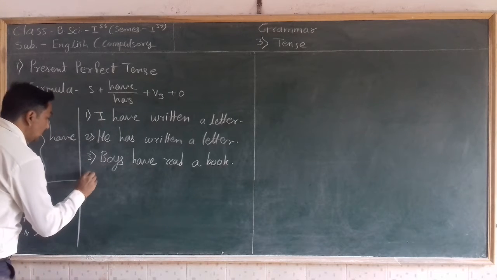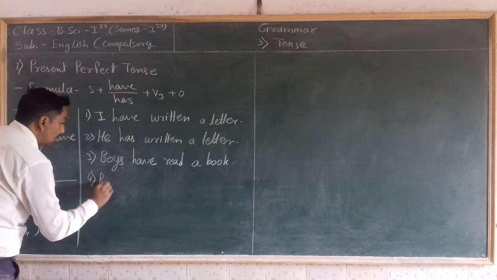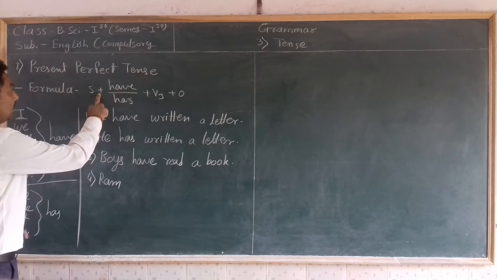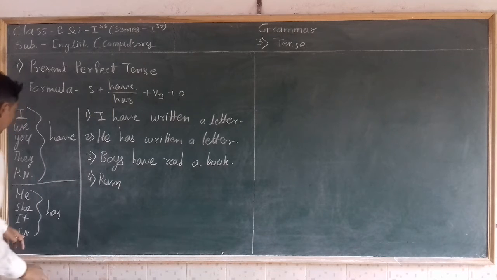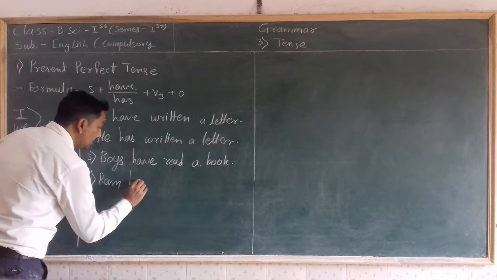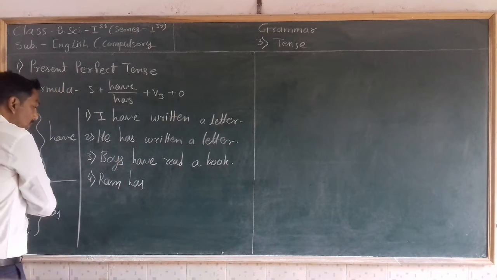Let's take another sentence. Suppose I will take a singular noun, run. So what will you take after a singular noun, have or has? If there is a singular noun as a subject, always use has in front of it. Then any V3, third form of the verb or the past participle of the verb.